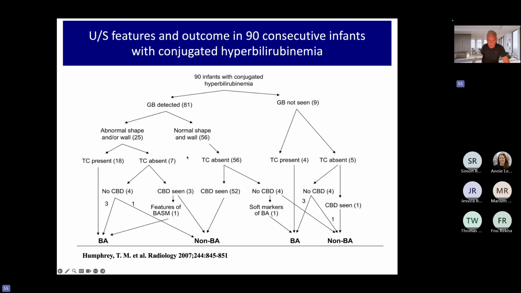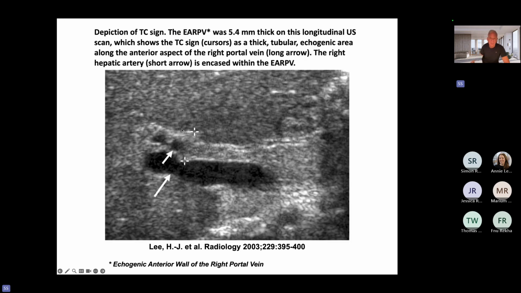This is the triangular cord sign, all right? And this is a very, very reliable indicator of the obliteration of the biliary ductular system. The triangular cord sign in an experienced ultrasonographer's hands is diagnostic.